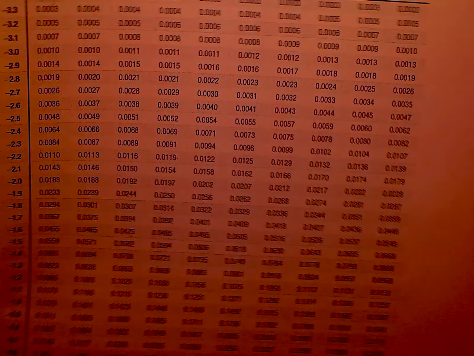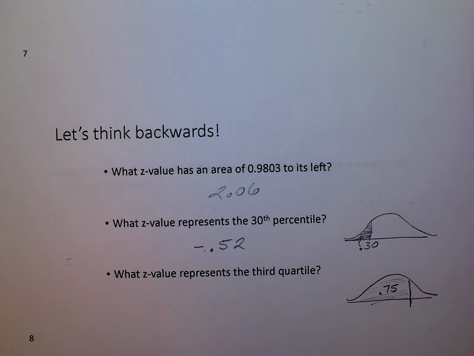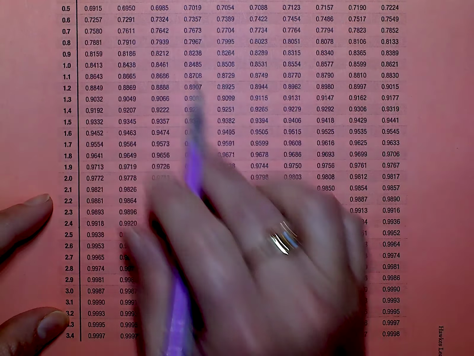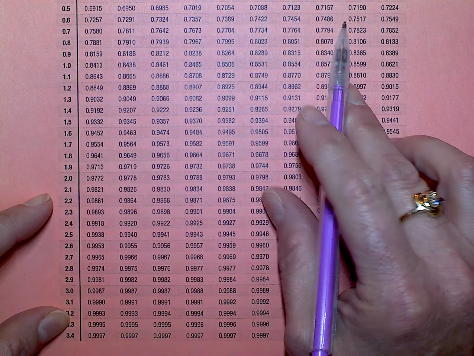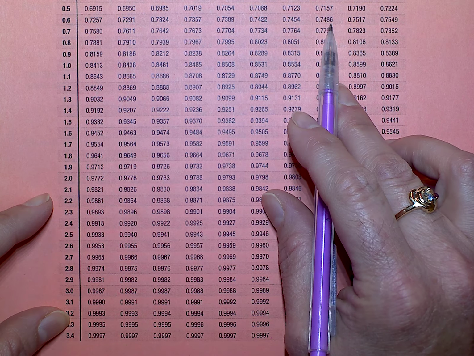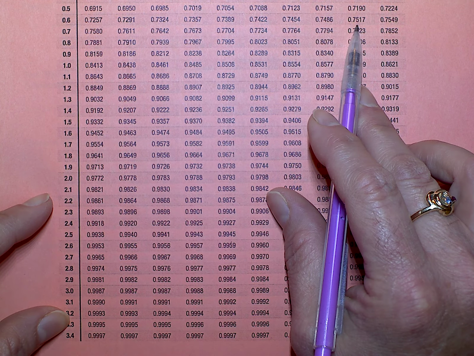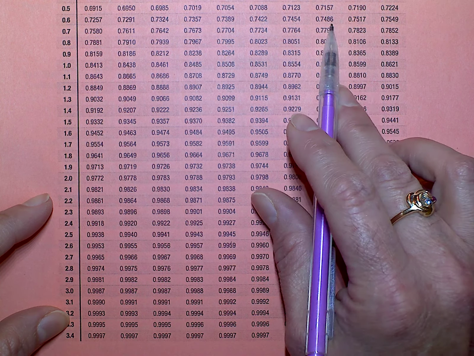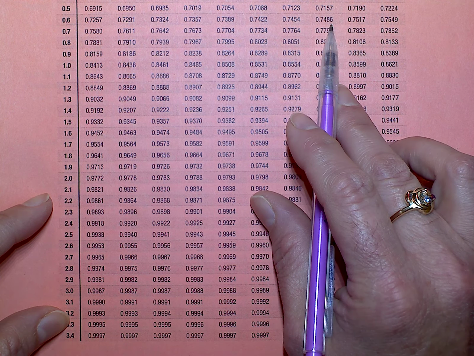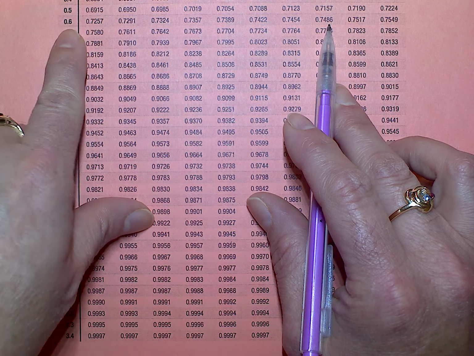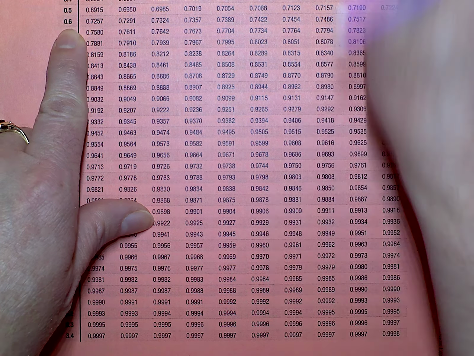So we're going to need 0.75, and we're going to get as close as we possibly can. Here we are. We have 0.7486 and 0.7581, so 0.75 would be closest to the 0.7486. So that's at 0.67.